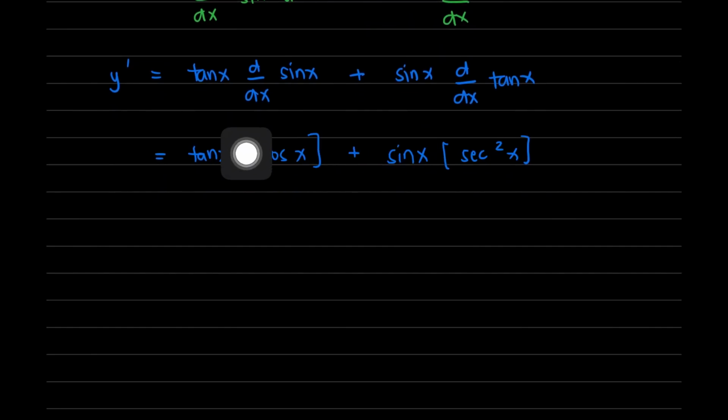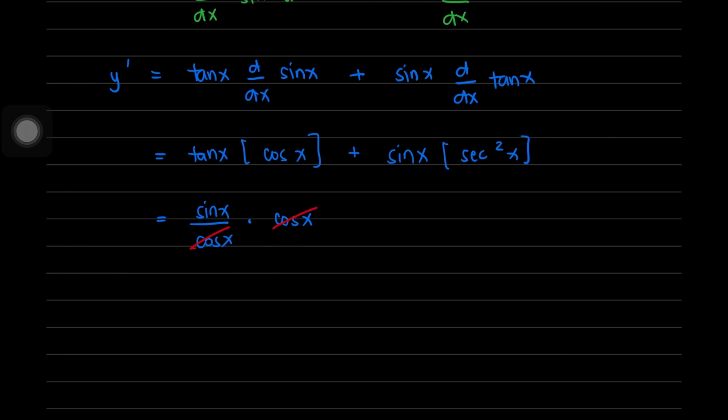Now, tangent of x multiplied by cosine of x can still be simplified because tangent of x is equal to sine of x over cosine of x. So if we're going to multiply this with cosine of x, then cosine will cancel out with cosine.